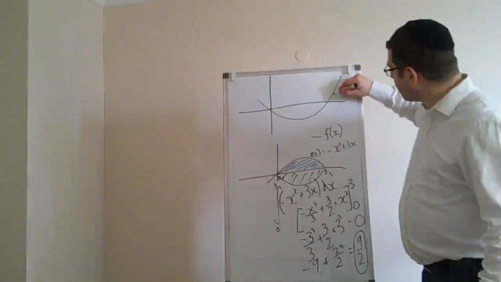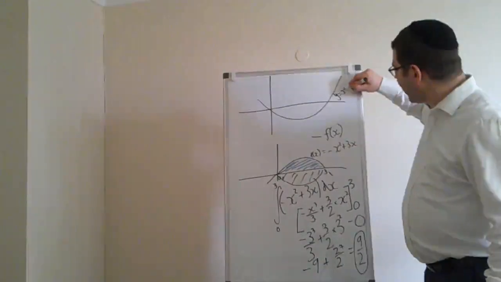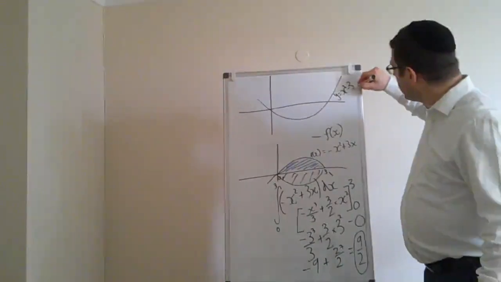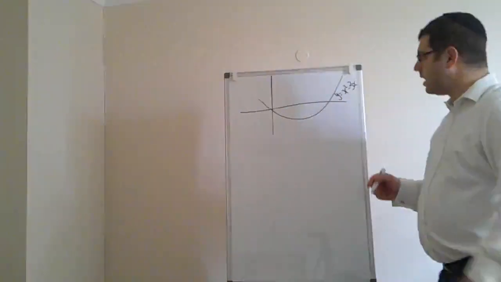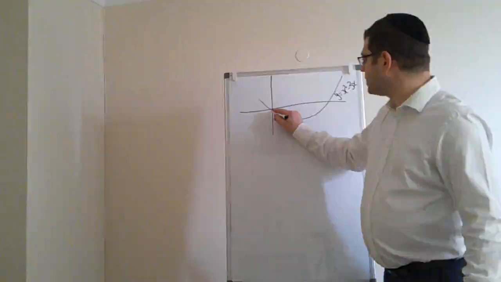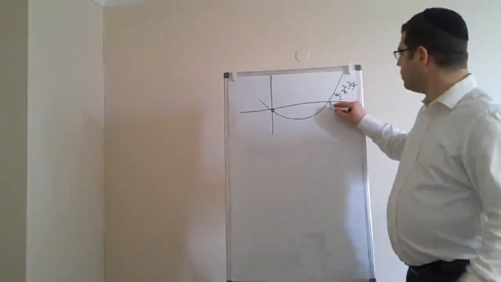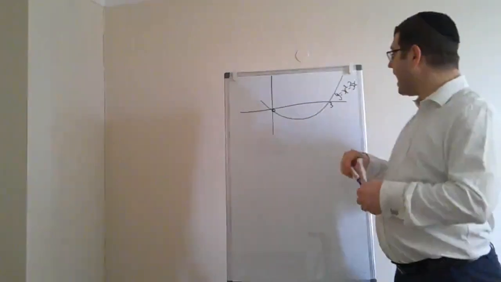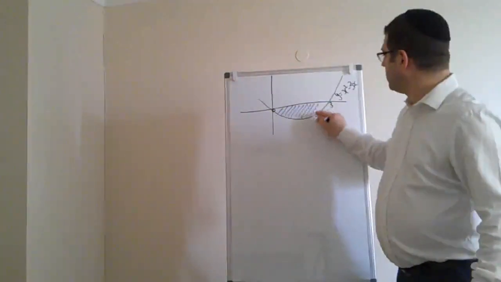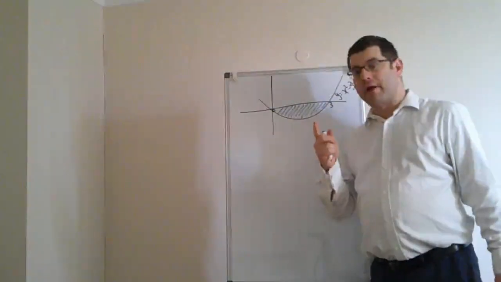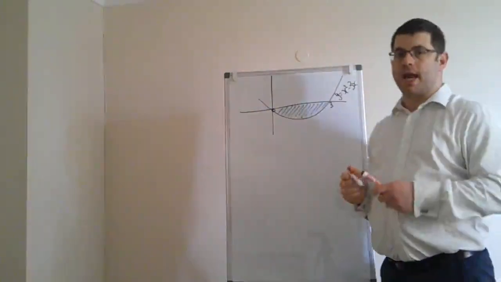So that's this graph here. y is x squared minus 3x. As before, this root here is 0, this root here is 3, and the area is over here. The exact same area as before, just flipped in the x-axis.